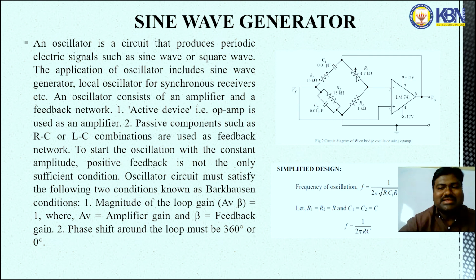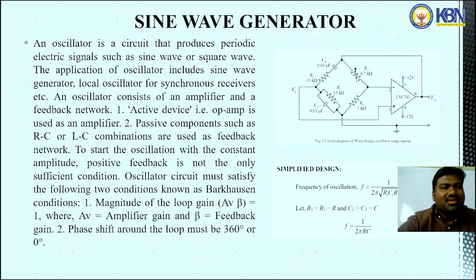Here the variable resistance is represented by RF, that means feedback resistance, and R1 is the input resistance. The series combination of R1 C1 and parallel combination of R2 C2 is connected to the non-inverting input terminal of the operational amplifier.